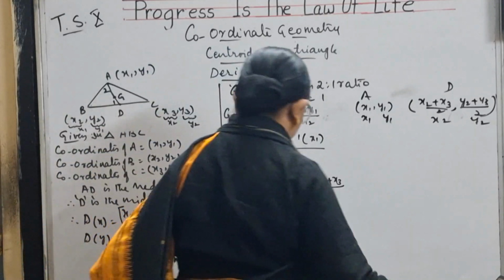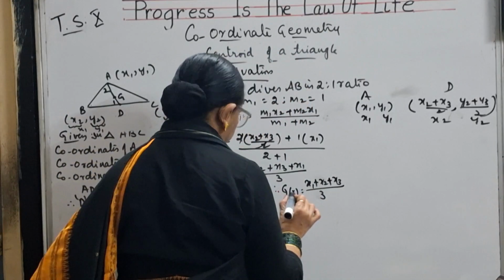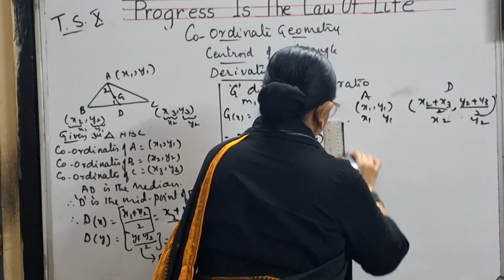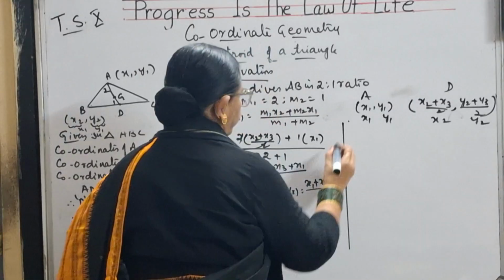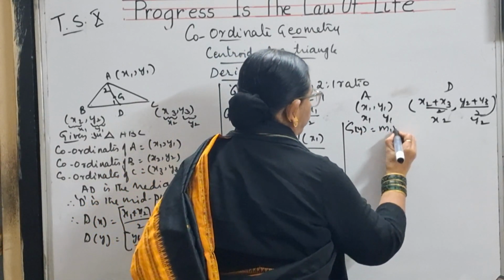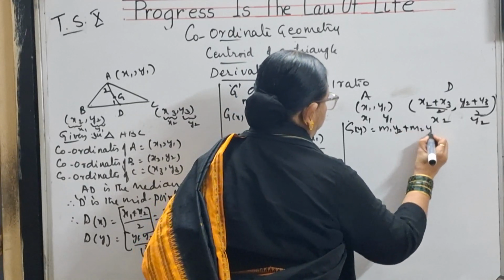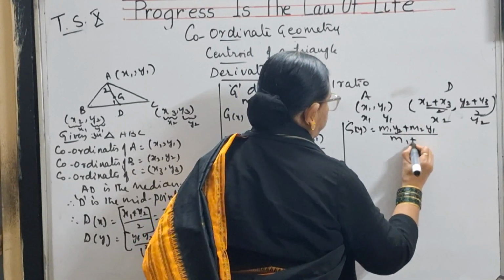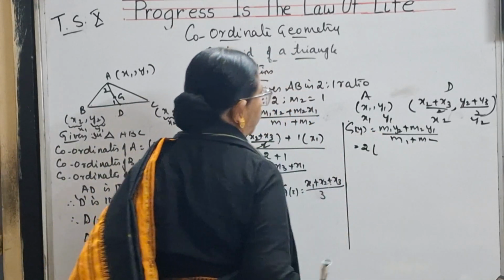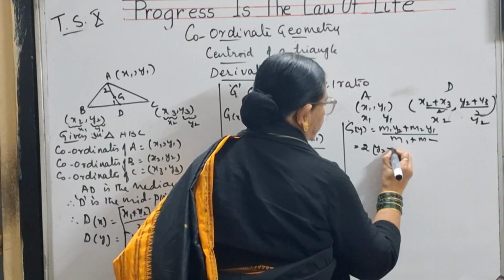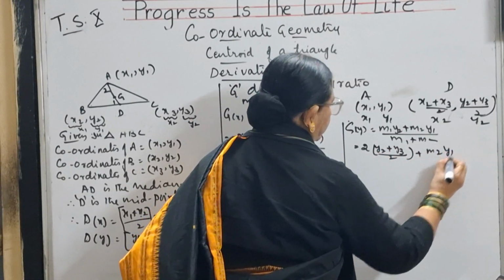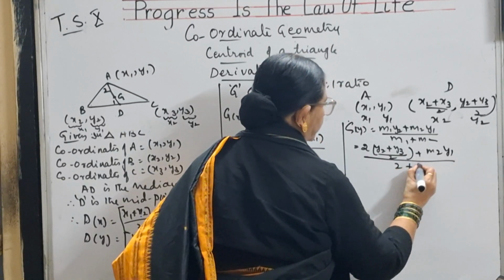G of y is equal to m1 y2 plus m2 y1 by m1 plus m2. That is, m1 is 2 into y2. y2 is y2 plus y3 by 2, plus m2 y1 is this only, by 2 plus 1.